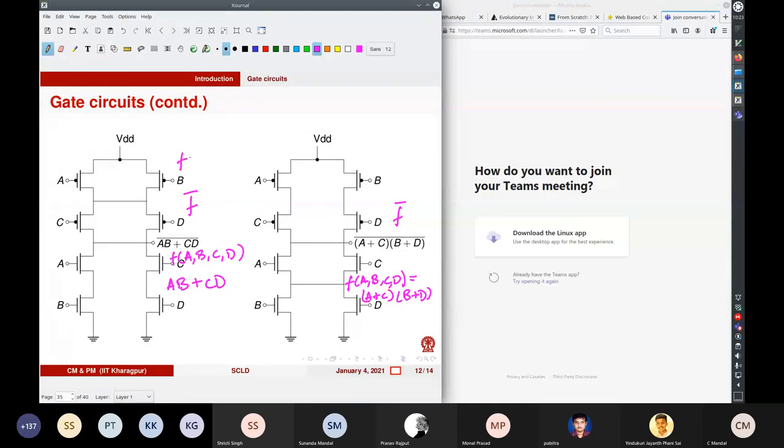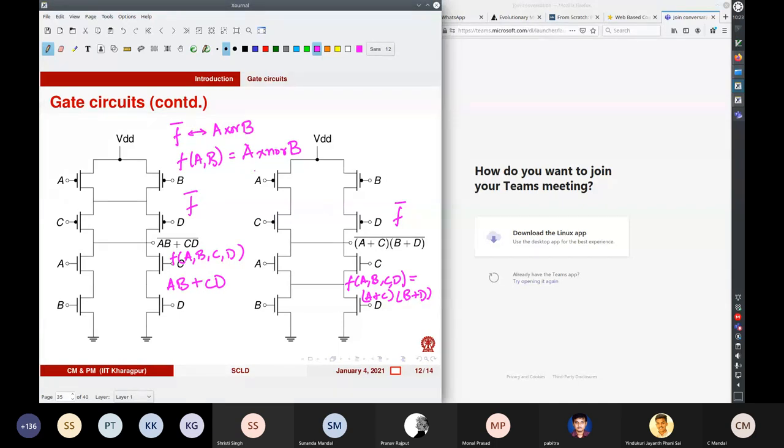Let F be A XNOR B. So what you will be realizing is F bar, that is A XOR B.